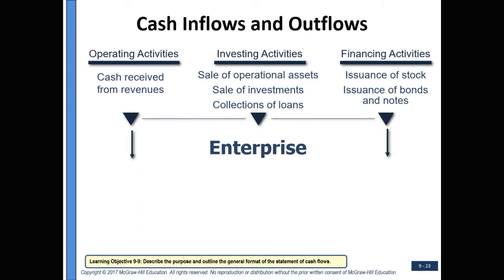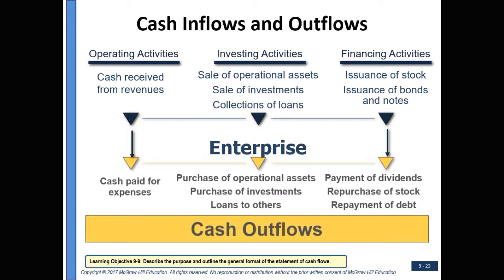So within the enterprise, you're going to have three sections. Cash inflows are then netted against the cash outflows to determine what the overall effect is. Cash inflows from operating activities would be things such as cash received from revenues.